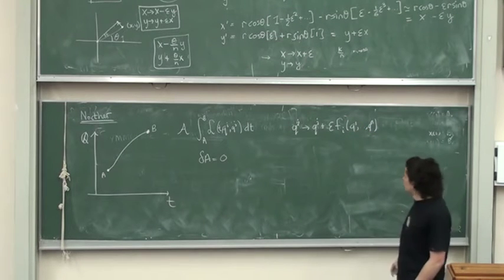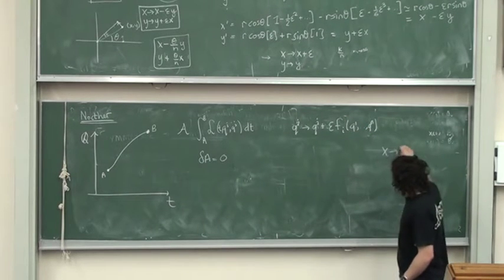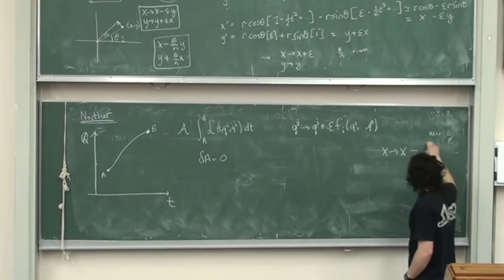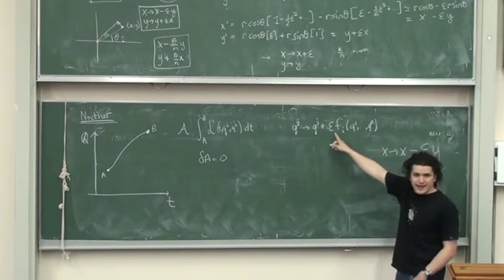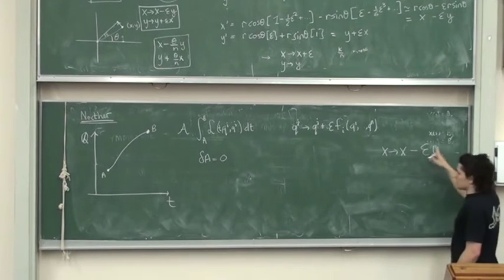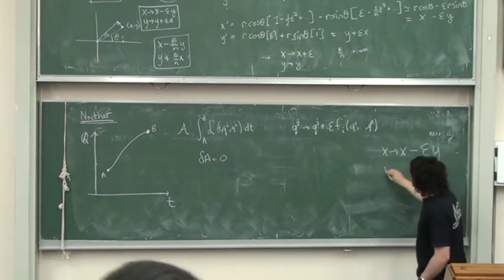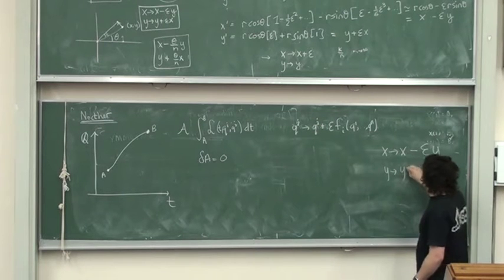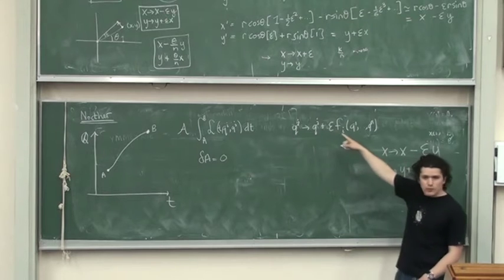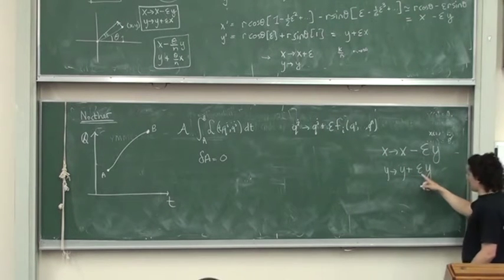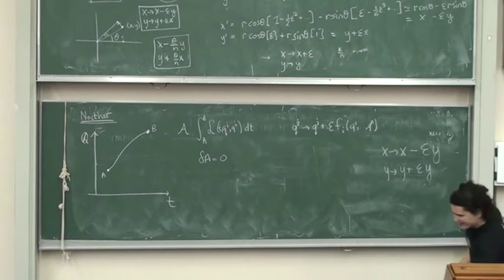For the rotations, we had x goes to x minus epsilon y. So the first f_i, or f_x, was minus y. And we had y going to y plus epsilon x. So the second f_i, or f_y, was x.